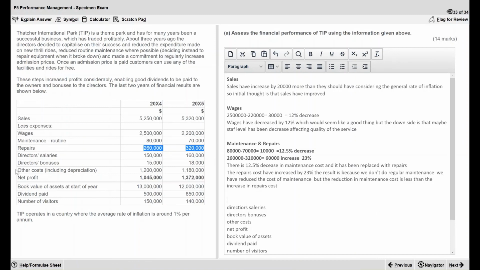Director salaries, 150,000. Remember, there's another point as well, that if we don't do regular maintenance, it would mean that our machines will be breaking down a lot, which would mean maybe our customers get hurt. But that is not the financial part.